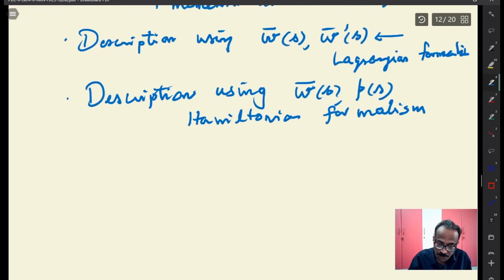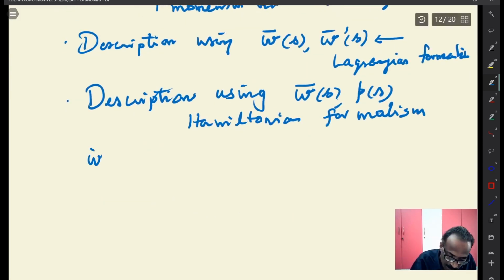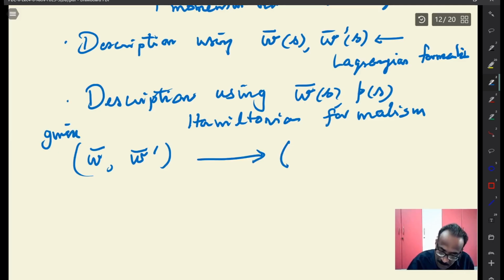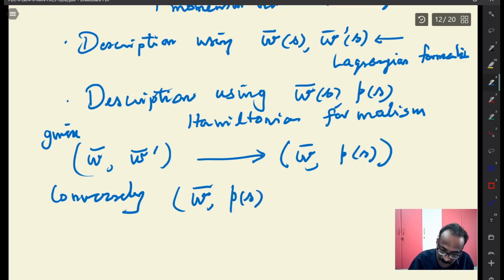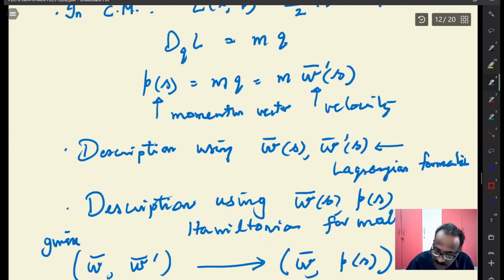And you can go from one to the other. If you are given W bar and W bar prime, you can compute your position, which is already there, and P. Conversely, in the other formalism, suppose W bar and P are given, then you have W bar and you can solve this equation.